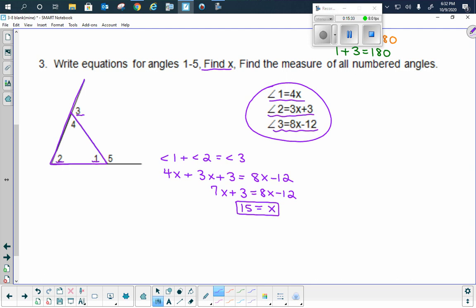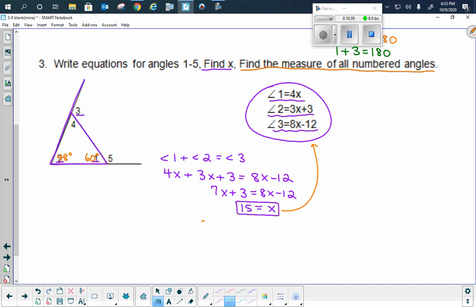We're also supposed to find the measure of every single angle. Okay, all the numbered angles. All right, so I'm ready to go back over to my equations up top. So I'm just going to plug these in here, but also put them in the picture. So if I plug 15 into angle 1, 4 times 15 is going to give me 60 degrees. So now you're writing it in the picture. If I plug it into angle 2, 3 times 15, 45 plus 3, angle 2 is 48 degrees.